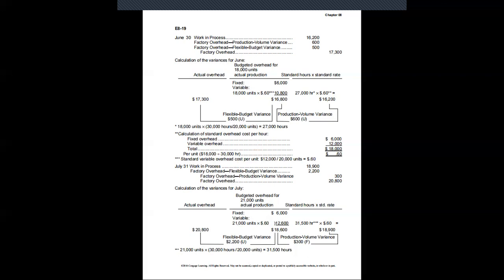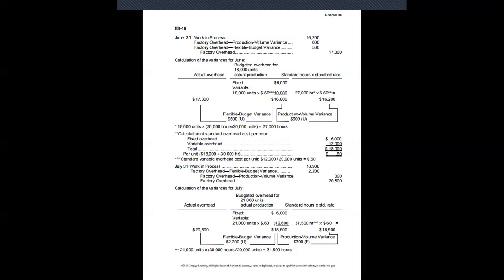So 1.50 multiplied by 18,000, we get 27,000 hours. That's your standard hours.